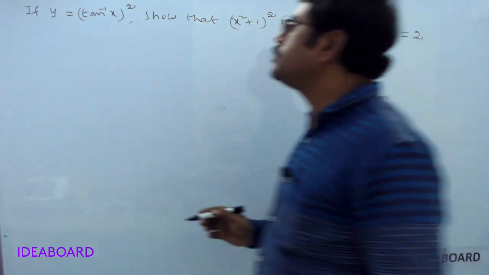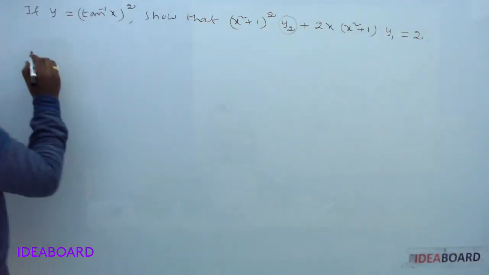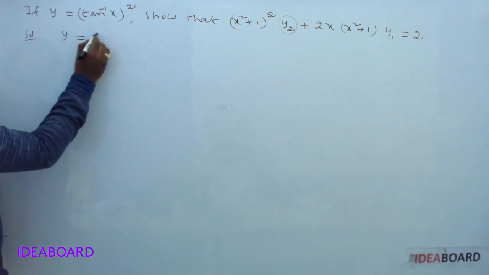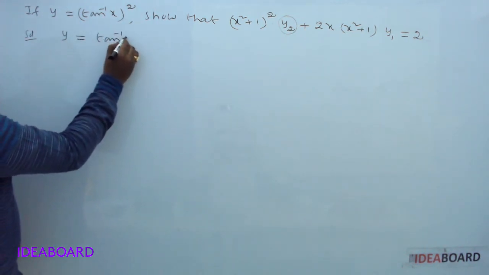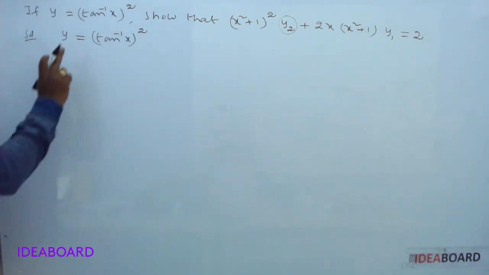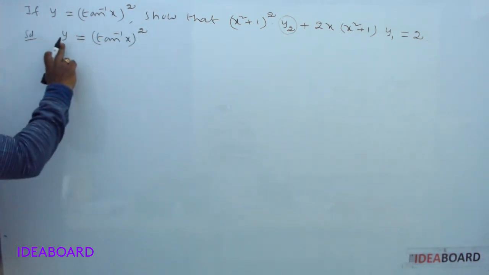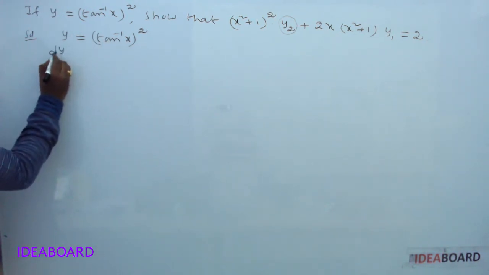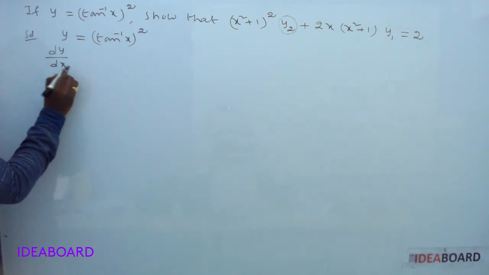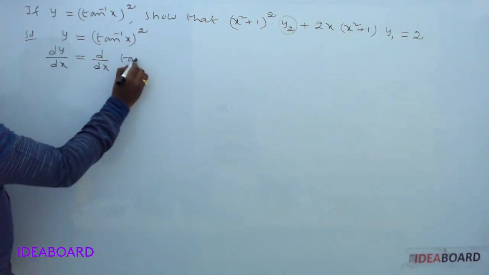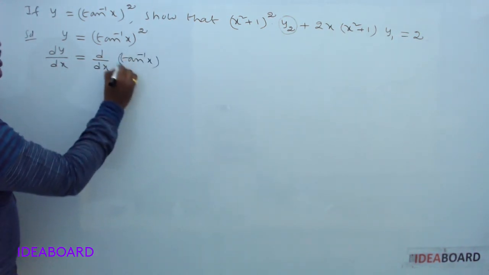Now come to the solution. Write down the given equation. y equals (tan inverse x) whole square. Now differentiate this equation on both sides with respect to x. So derivative of y with respect to x, dy by dx, equals derivative of (tan inverse x) whole square.